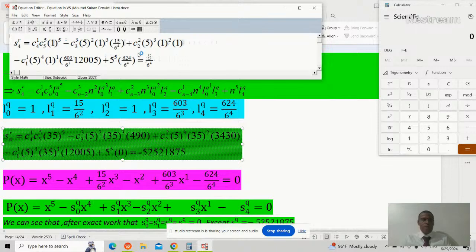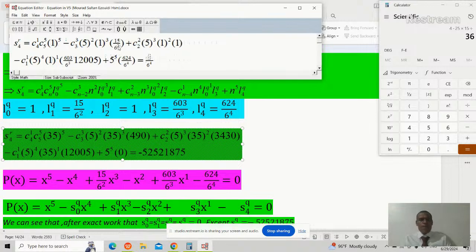Minus 3 choose 3, which is 1, times 25 times 15, divided by 15 divided by 36. This is of course L1, which is 6 squared: 15 divided by 6 squared.